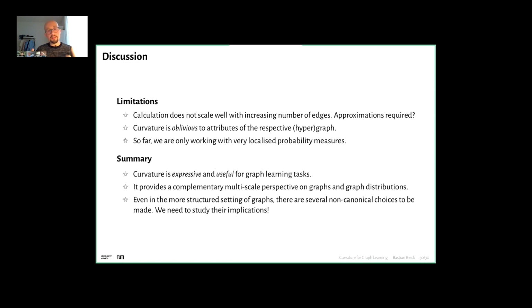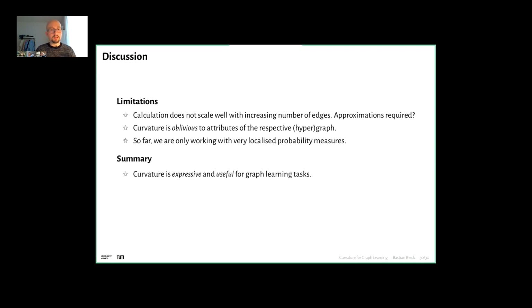Okay. However, in the other direction, what we have also shown, and I think this is really relevant in terms of talking about these non-canonical choices, and this I haven't mentioned at all, I'm sorry for this, is that if we go from a hypergraph back to a graph with our hypergraph curvature notions, then those just become the ordinary Ollivier-Ricci curvature again, which I think is really important to have.